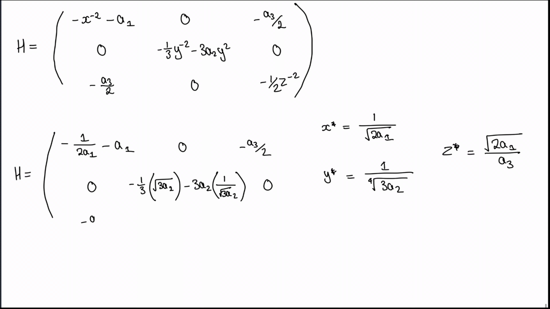And then we get minus a3 over 2, 0, minus a half a squared 3 all over 2a1.